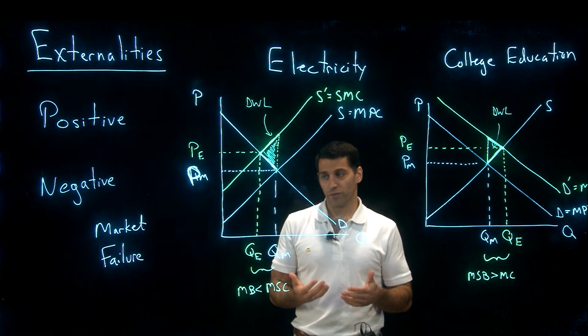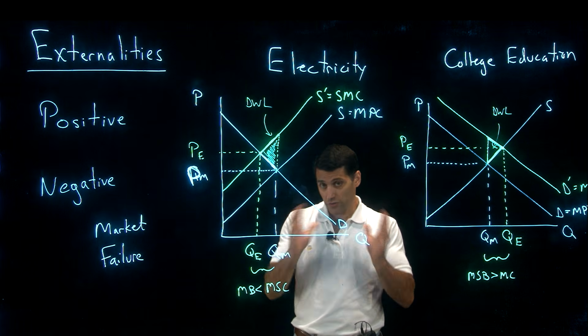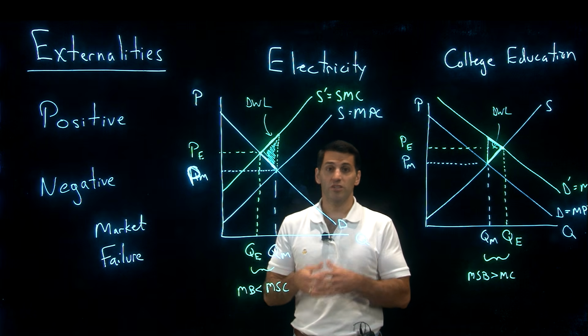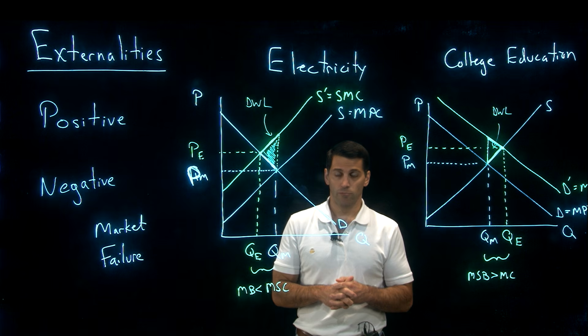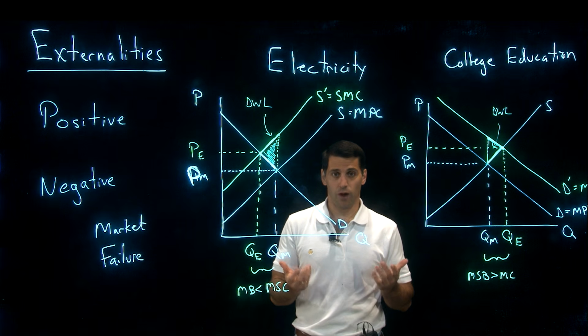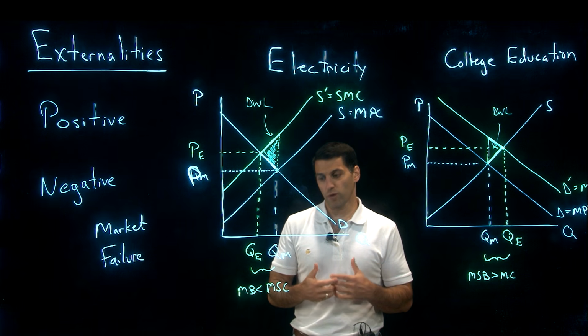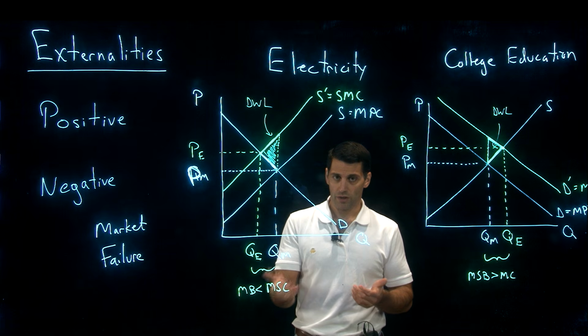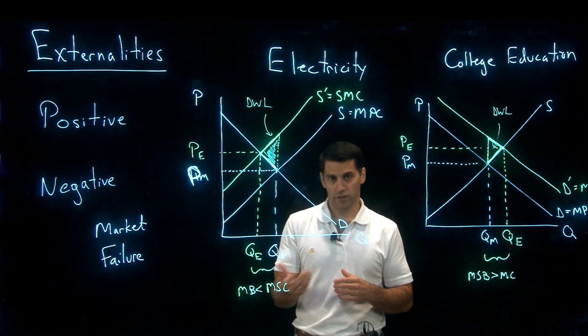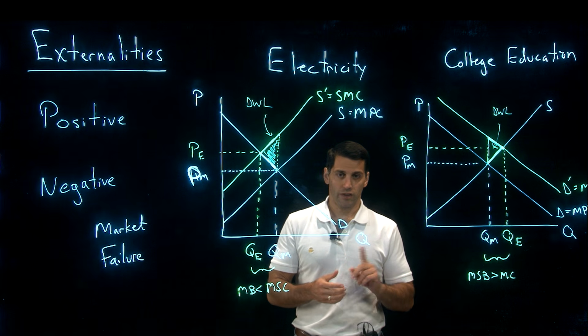So we get a market failure when the market on its own does not produce the efficient level of outcome. So the question is, how do we fix the problem? How do we move away from the bad equilibrium outcome, which in this case is the market equilibrium, and move towards the efficient outcome? Now we'll turn to that in the next video.